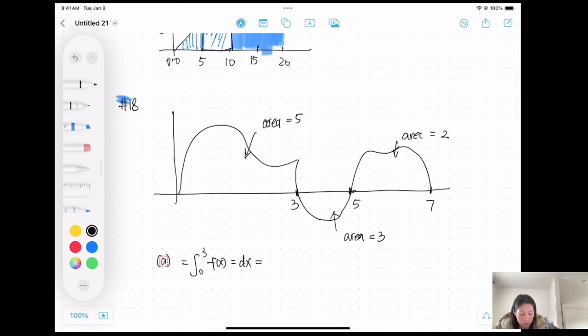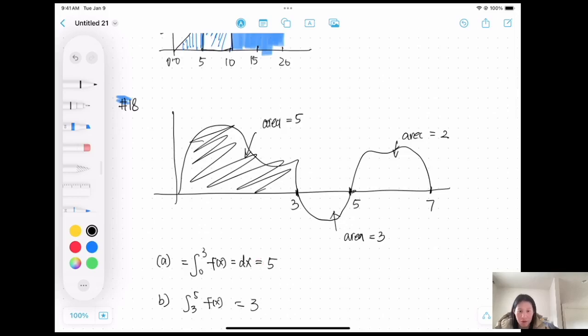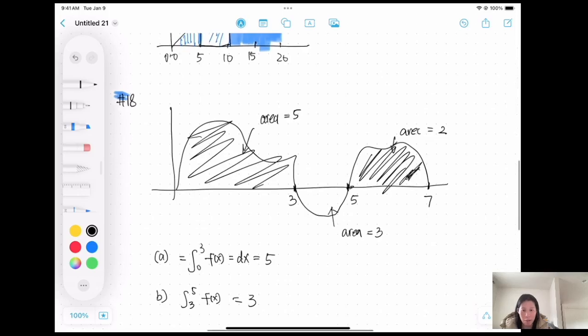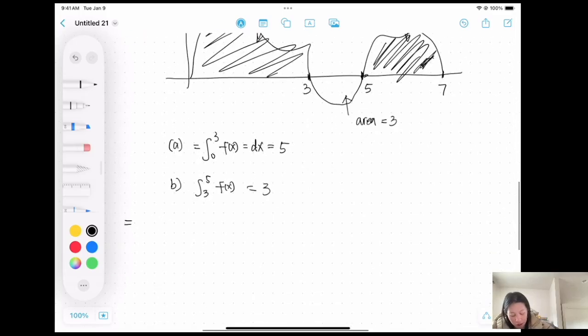From 0 to 3, the area should equal 5, so that's the integral. Part B is from 3 to 5. From 3 to 5 is equal to 3, and then from 5 to 7 is 2. Basically, the integral is the area of that part. So number 19 is similar, so I'm going to skip that.